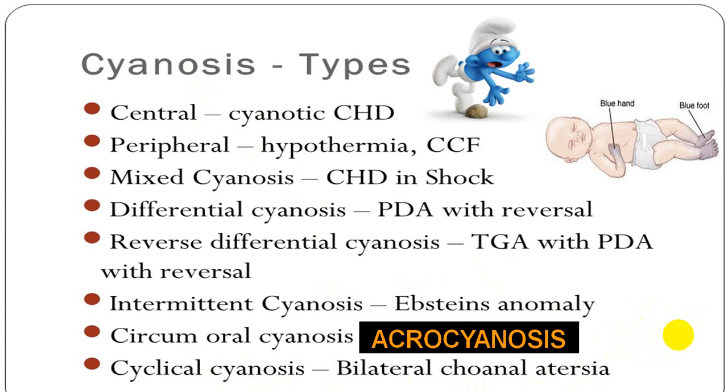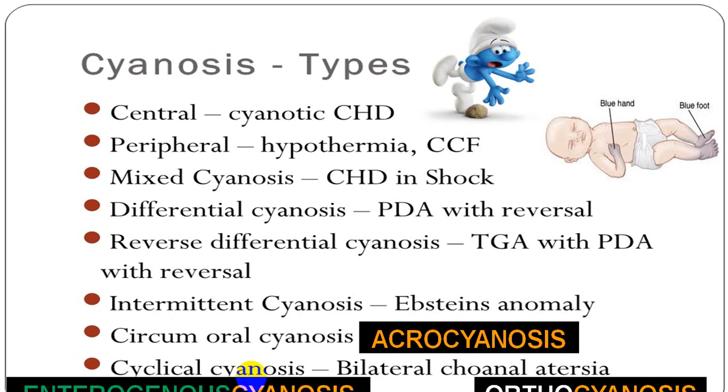There is one more term, acrocyanosis, which is the same as circumoral cyanosis. There is a term called orthocyanosis, which is with posture, and a term utilized as endogenous cyanosis or pigmentary cyanosis, which is because of sulfhemoglobin and methemoglobin. That is what we call pigmentary cyanosis.